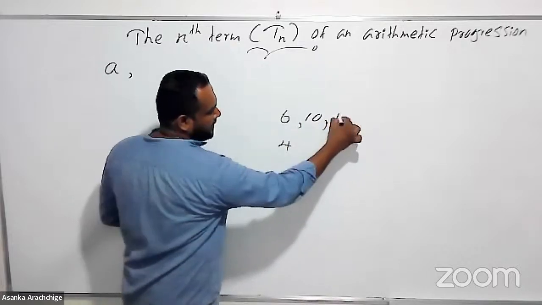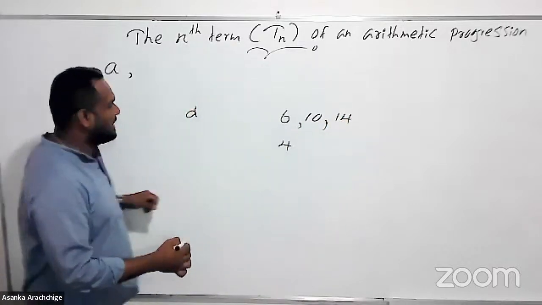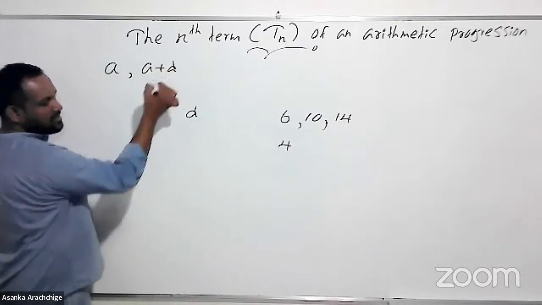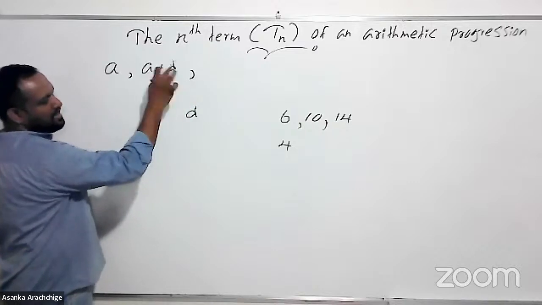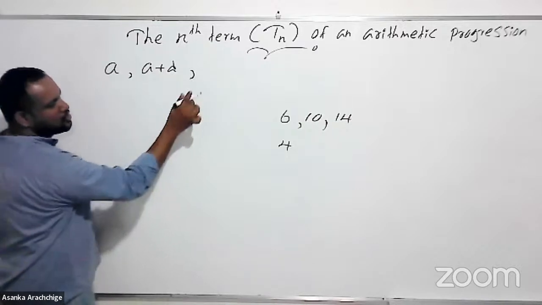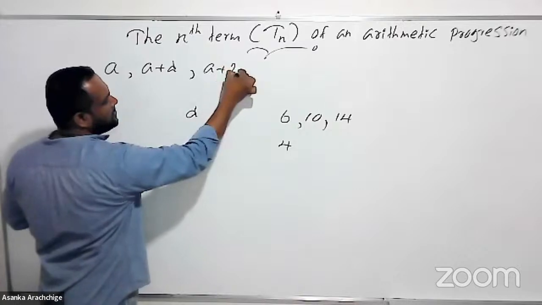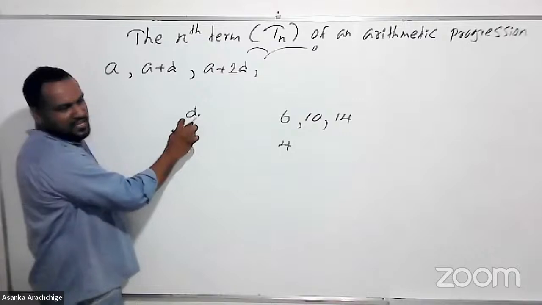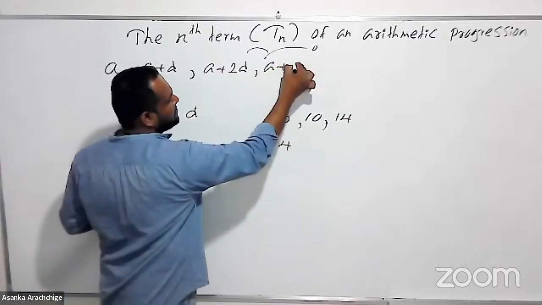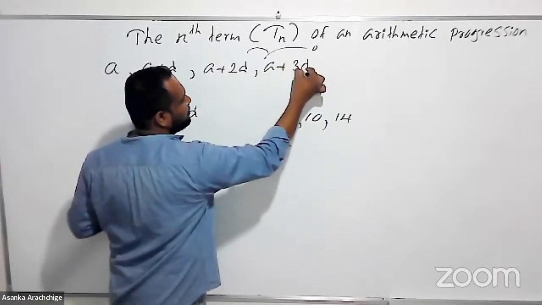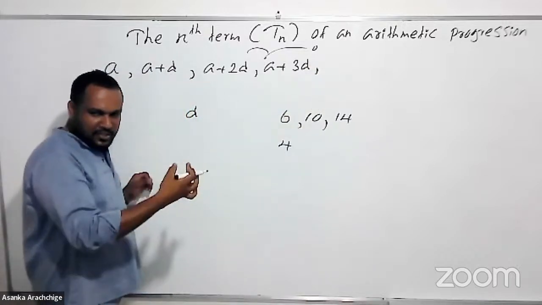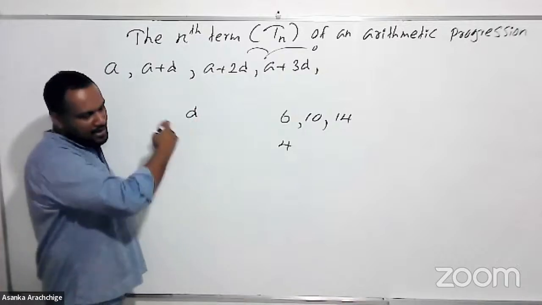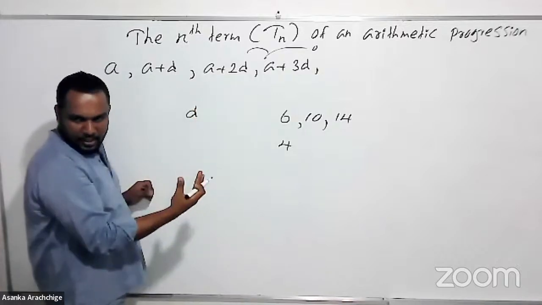Third term, 10 plus 4, 14. Like that, A plus D, the second term. A plus D plus D, A plus 2D, the third term. Fourth term, A plus 2D plus D, A plus 3D. This is how this progression develops. Understood?